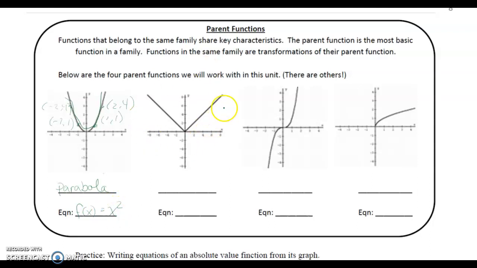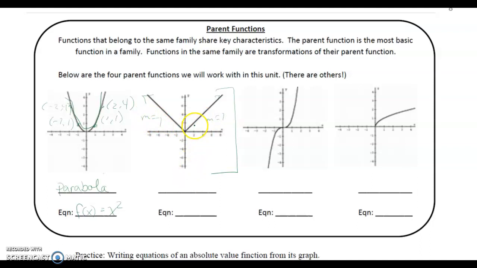This is a very simple absolute value function. We'll talk about this in section 1.5. But for this particular one, these are both lines. This has a slope of negative 1. This has a slope of 1.